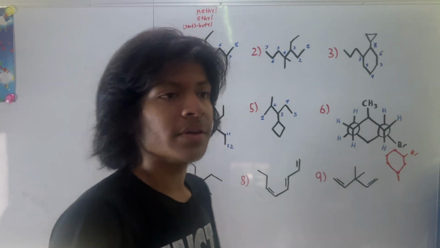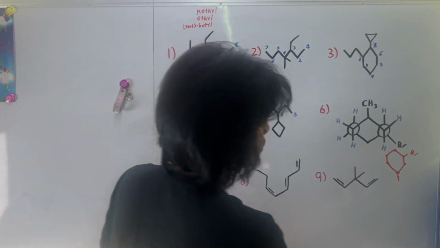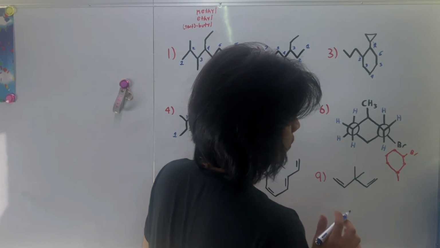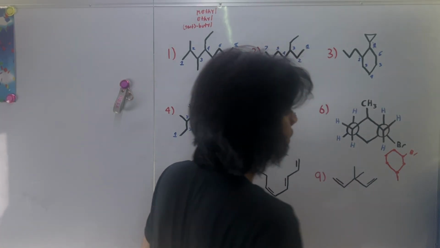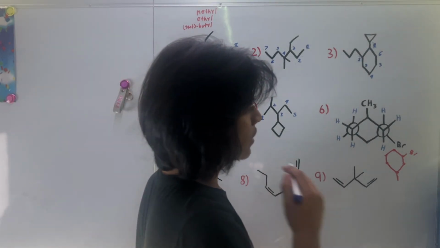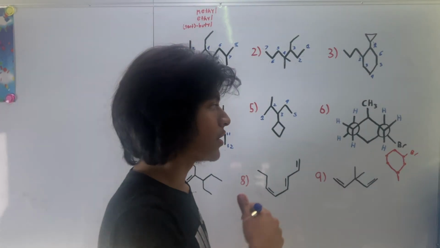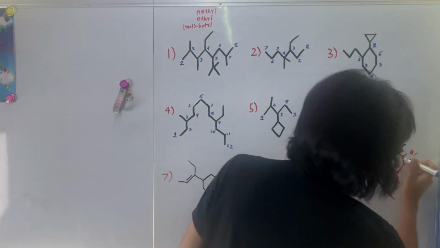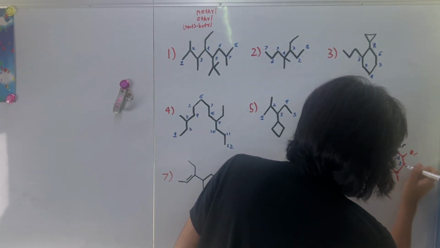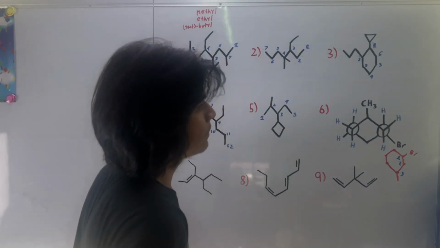And now we just name it just like normal. So again, we want to go alphabetically, or we could start from 1, 2, 3 or 1, 2, 3, but we want to give the numbering priority to the one that comes first alphabetically, which in this case is going to be our bromine. So we're going to have 1, 2, 3.